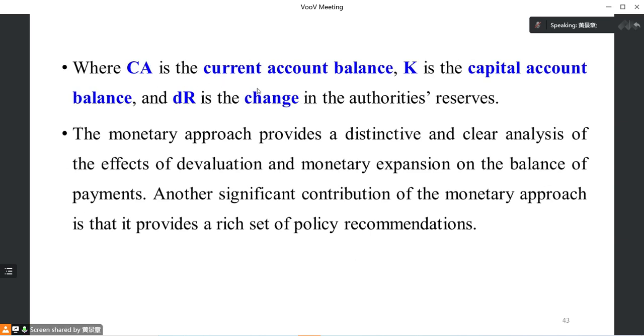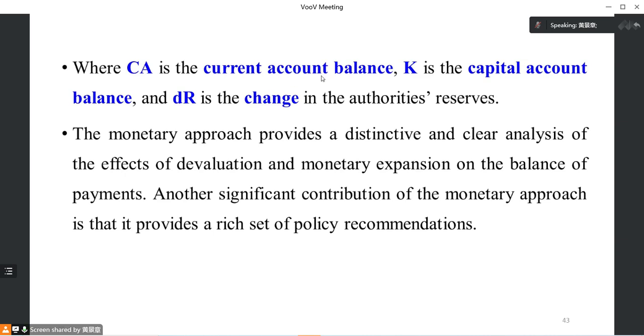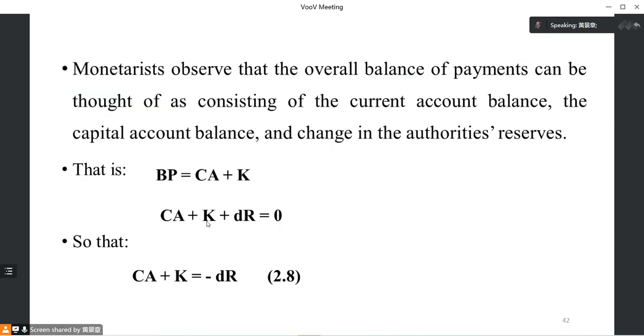Where CA is the current account balance, we should understand CA. CA means current account balance. K is the capital account balance.